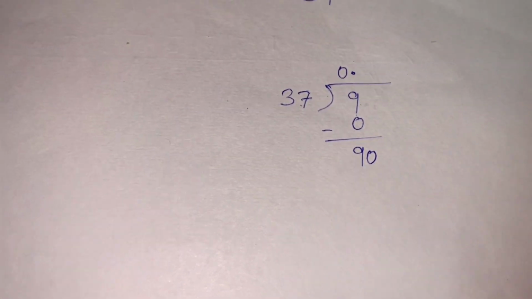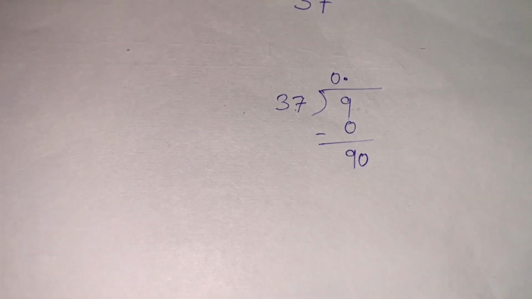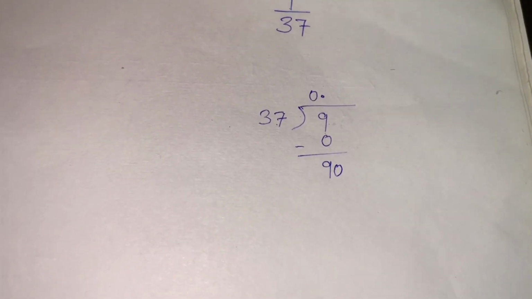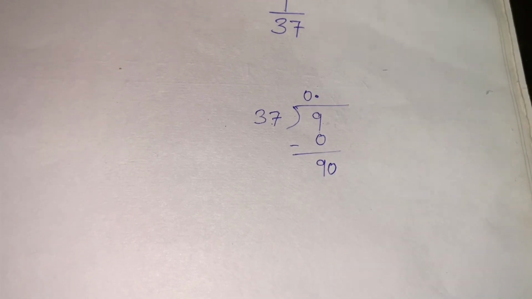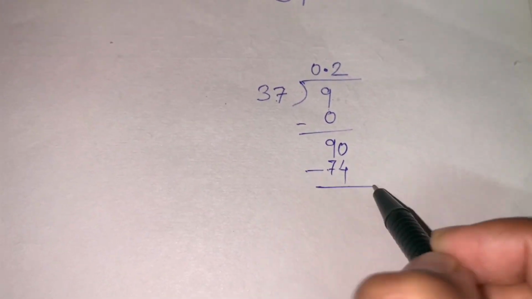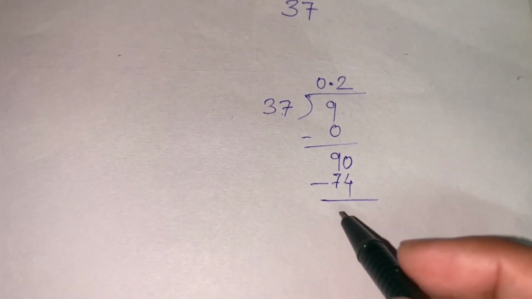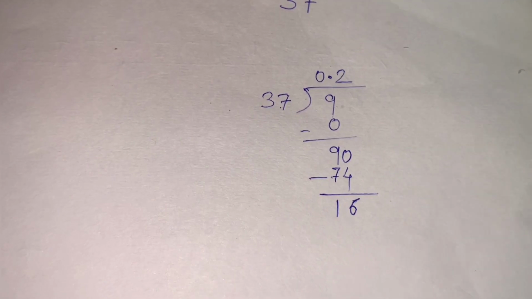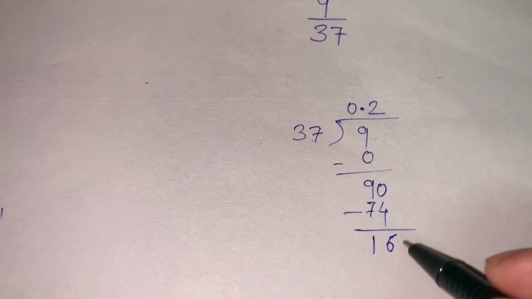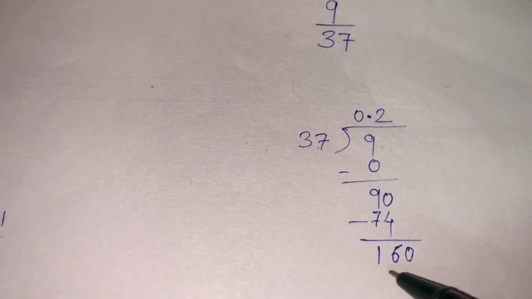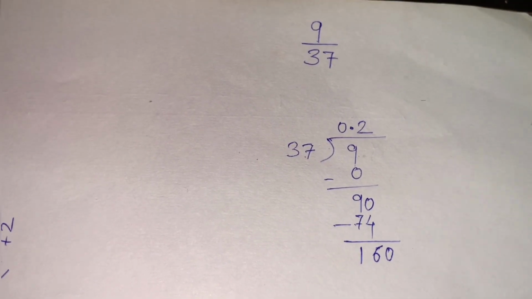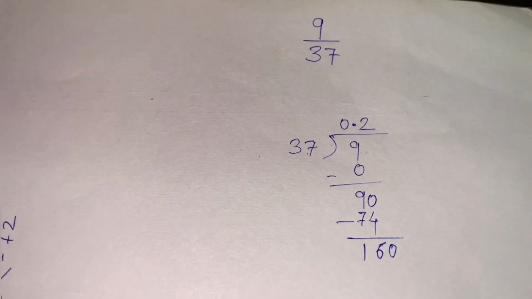Now I will have to find a multiple of 37 which can be subtracted from 90. So 37 2s I know is 74. Therefore I'll take 37 into 2, that is 74, and when I subtract, the remainder is 16. I'll bring another 0 down and that will make the remainder 16 as 160. Now I will have to find a suitable number that can be subtracted from 160.